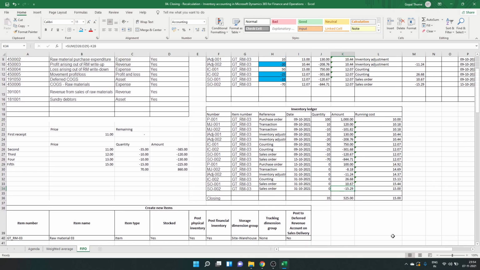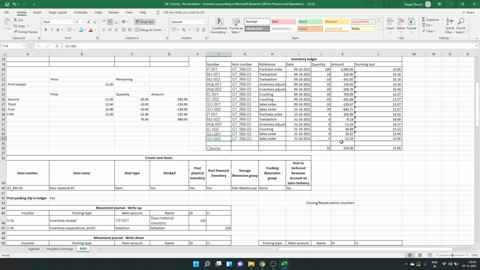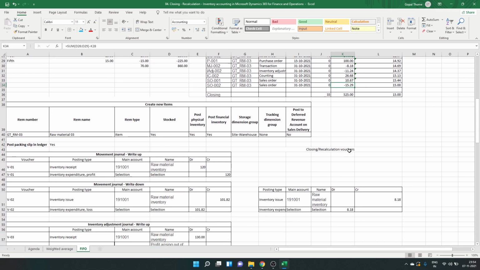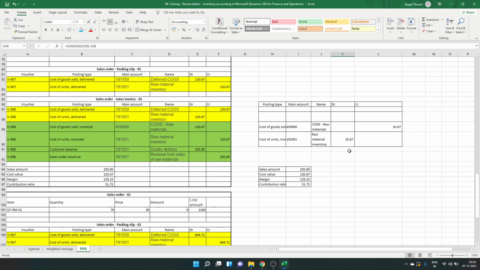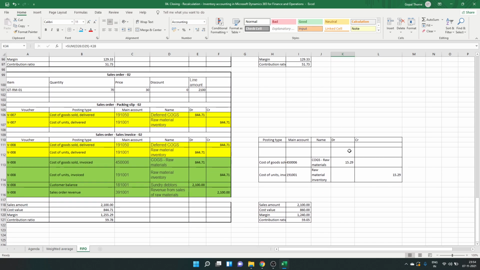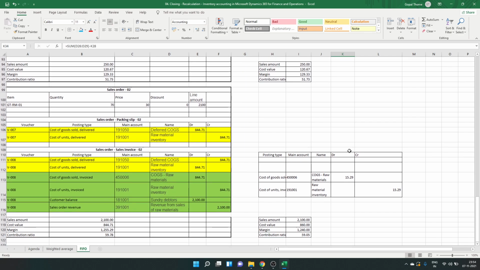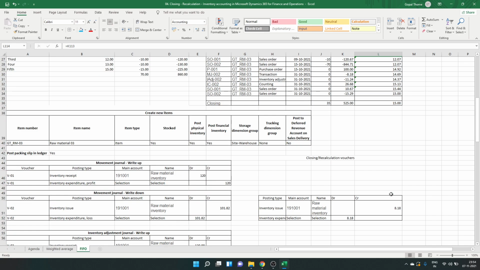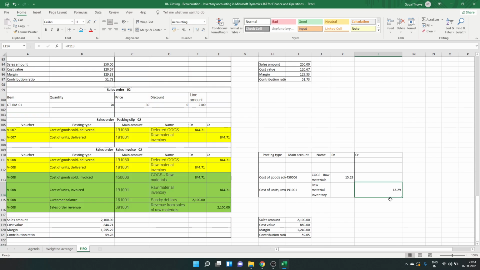Now for this last transaction, 15.29 is additionally credited from the inventory. So let's see if the formula is correct or not. Yeah, correct. So an additional 15.29 is getting credited from inventory and the COGS is increased by 15.29.